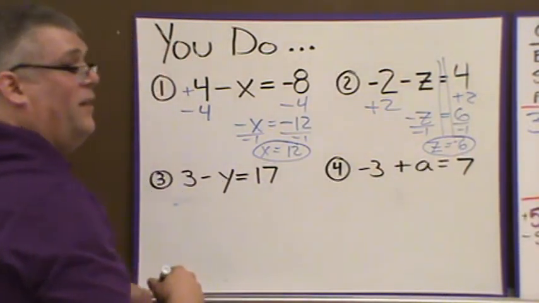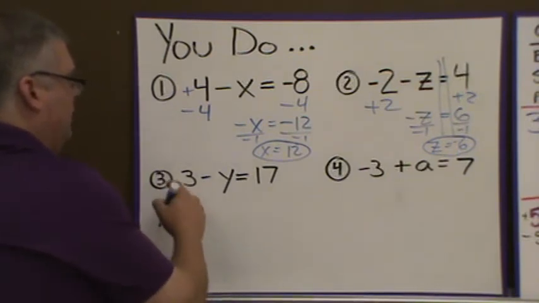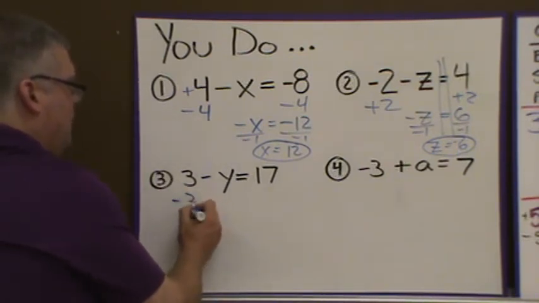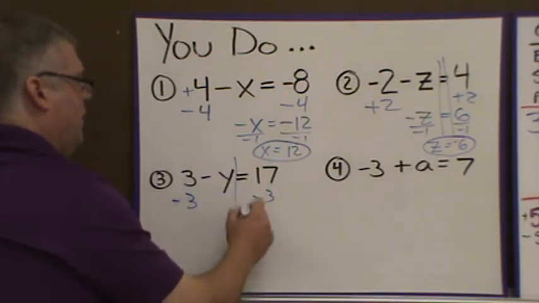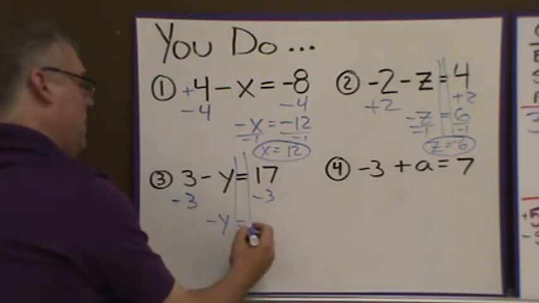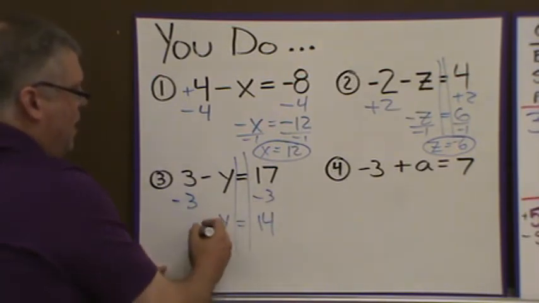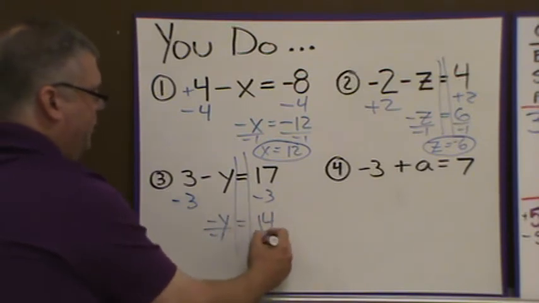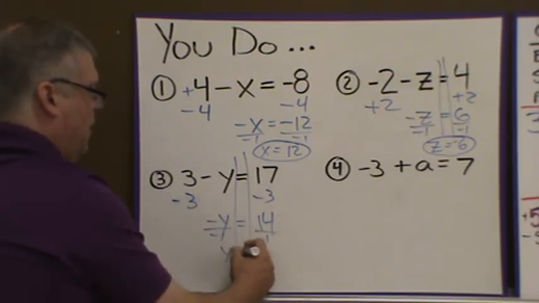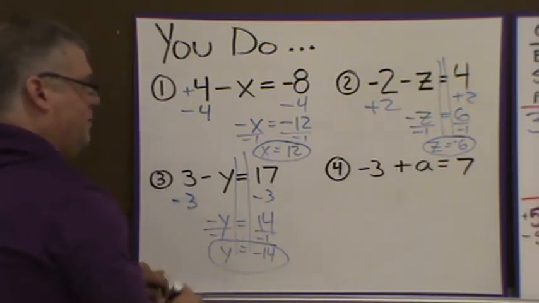And that's my final answer there. Over here, the sign in front of the 3 is positive, so I minus 3 from both sides of that equal sign. That gives me negative y equals 17 minus 3 is 14. I divide by negative 1. That gives me y is equal to negative 14.